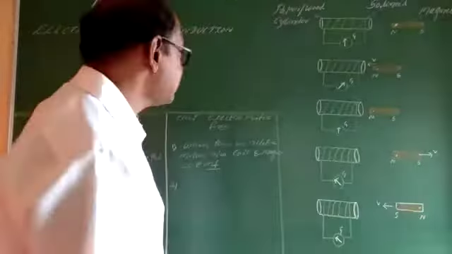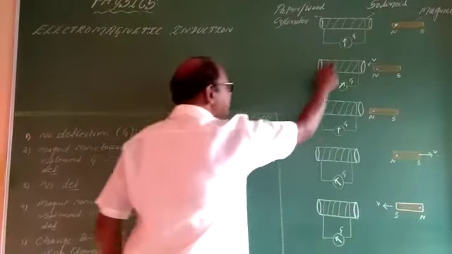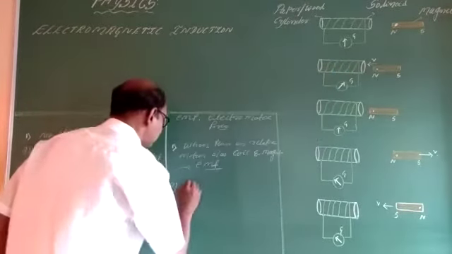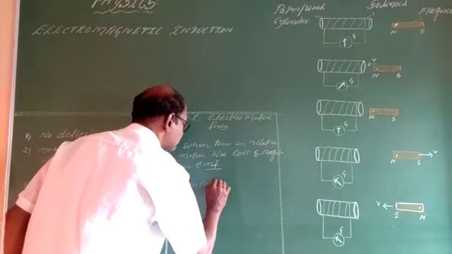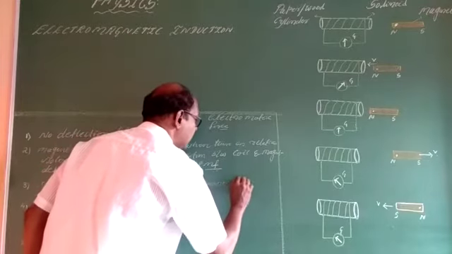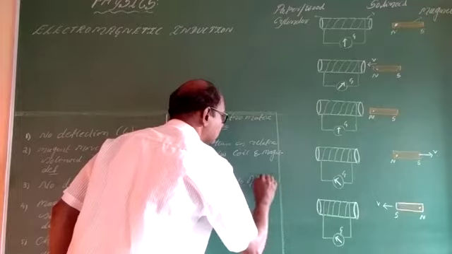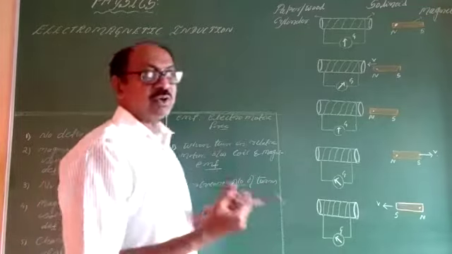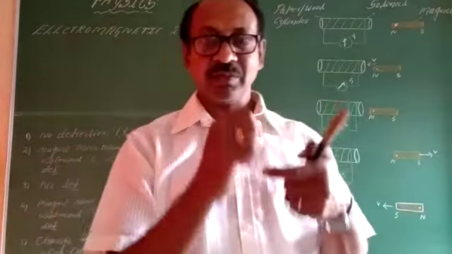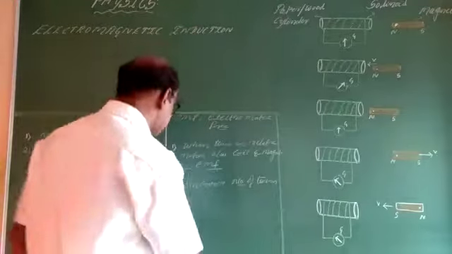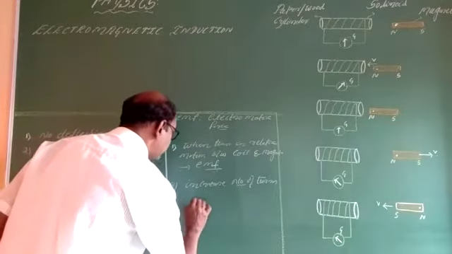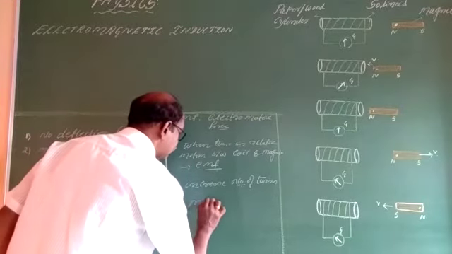How to increase this EMF? We have to increase the number of turns of this coil. Increase the number of turns in the coil. Or another option is to use a powerful magnet.